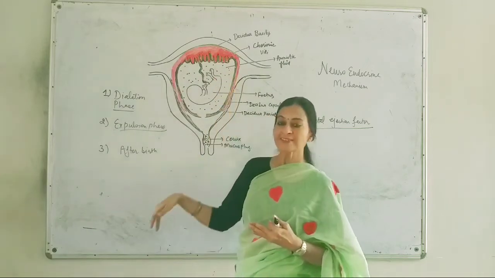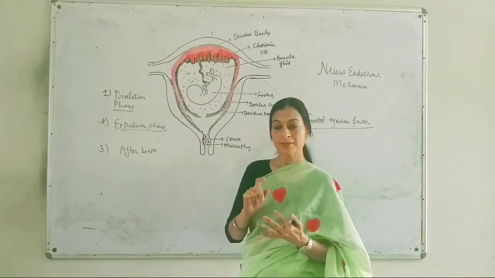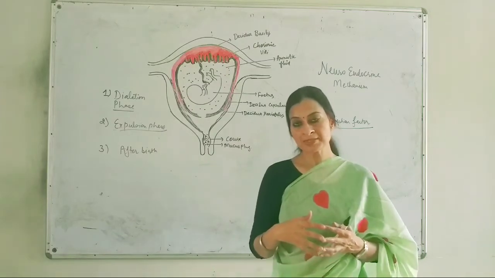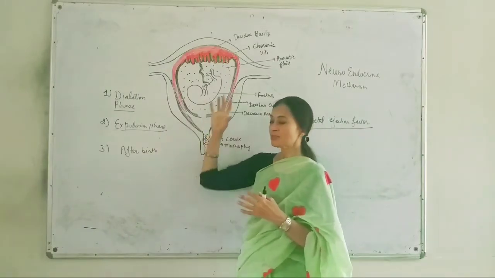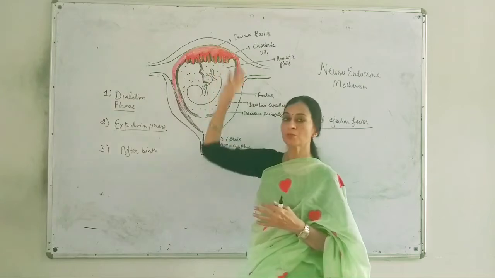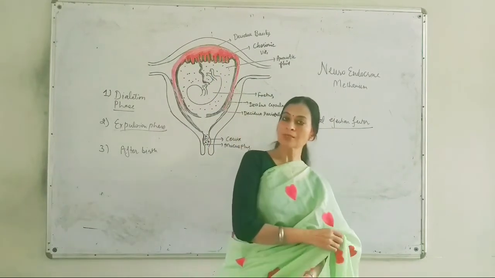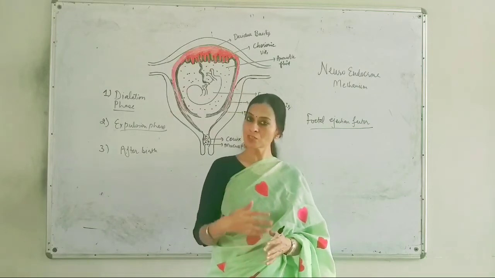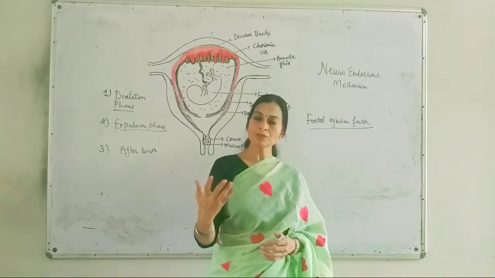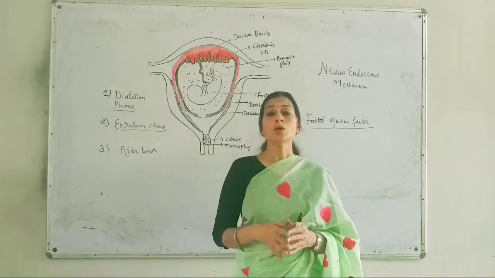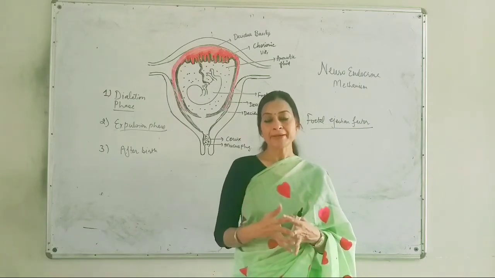When the fetus is expelled outside, some major changes take place in its body, because when it was in the uterus, in connection with the mother's body, it was totally dependent for oxygen supply, meaning the gas exchange was taking place with the mother's blood. But now it has to be independent.